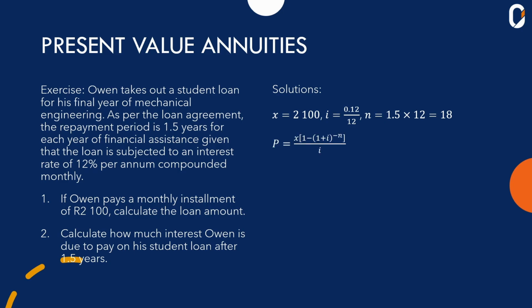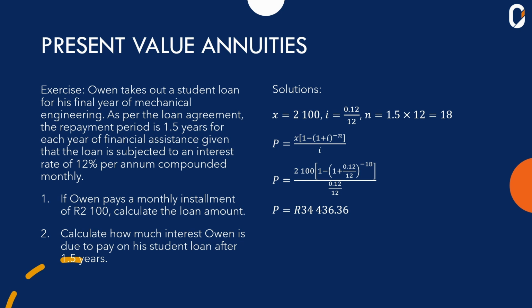And introducing our formula now, P is equal to x[1 - (1 + i)^(-n)], all divided by i, and substituting in everything I already know, P is equal to 2,100 multiplied by [1 - (1 + 0.12/12)^(-18)], all divided by 0.12/12, and that will give me a present value amount of 34,436.36. That is the amount that Owen owes.